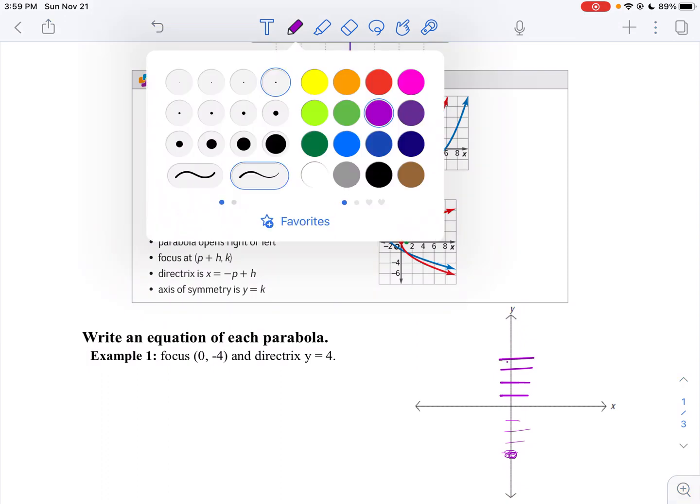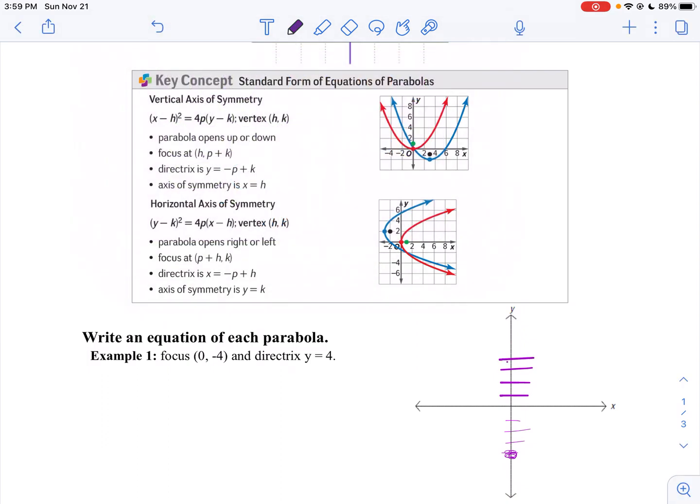And I'm going to change colors here so you can see that. What happens is your parabola goes away from the directrix in the direction of the focus. So first off, I know my vertex is halfway between these 2 points. Well, what's halfway between negative 4 and positive 4? Well, that's 0.